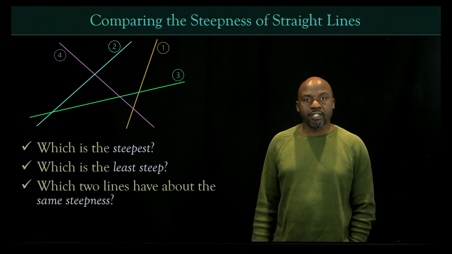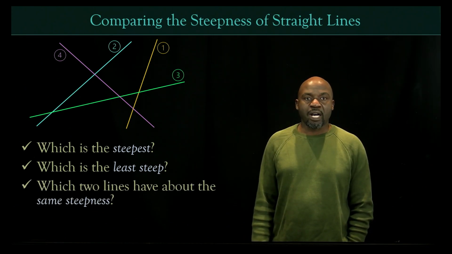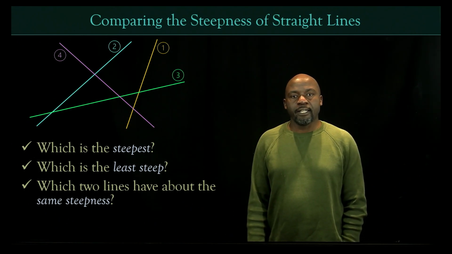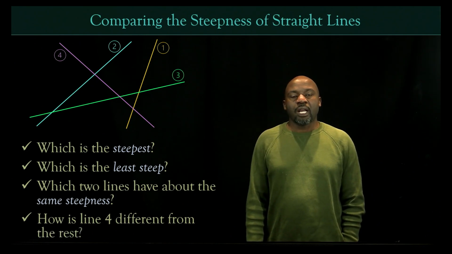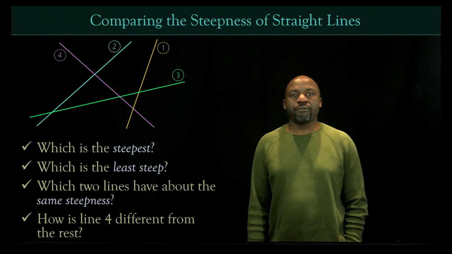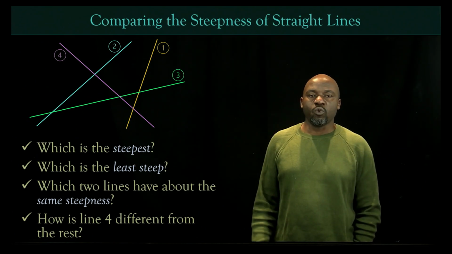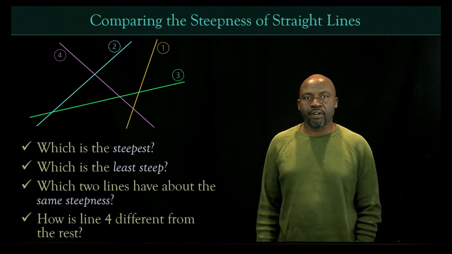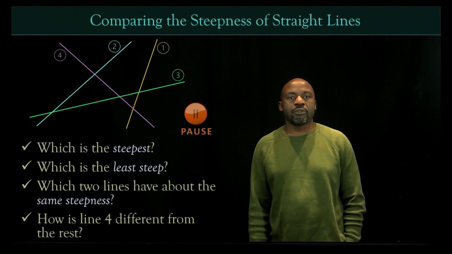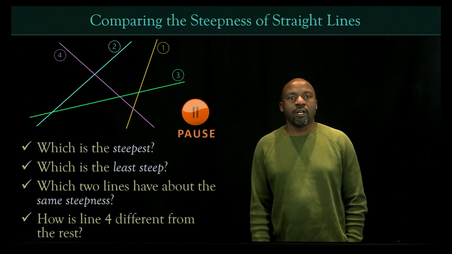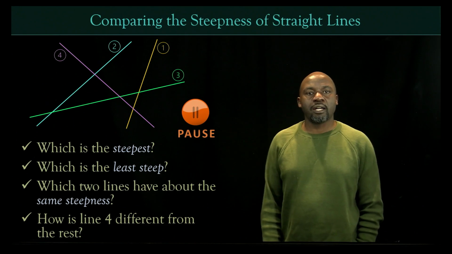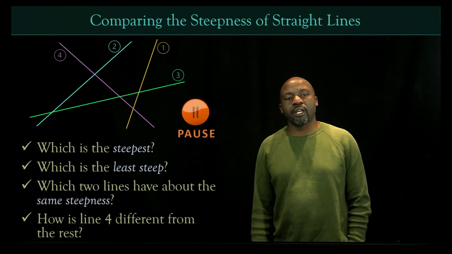Which 2 lines would you say have about the same kind of steepness? And lastly, how is line number 4, the pink line, different from the other 3? In what way is line number 4 different from the other 3? So please pause the video, and perhaps write down what you think the answers to these questions are, so that we can move ahead.